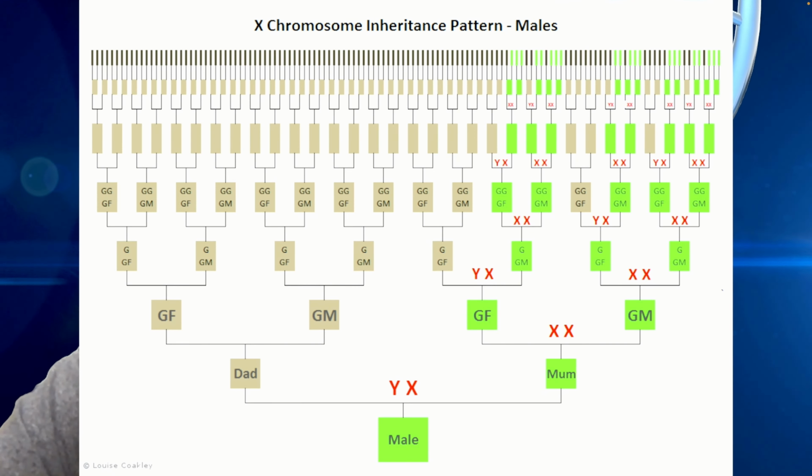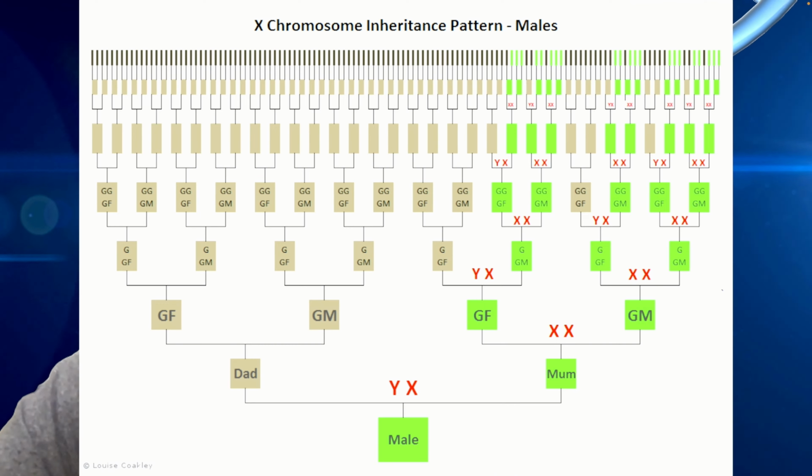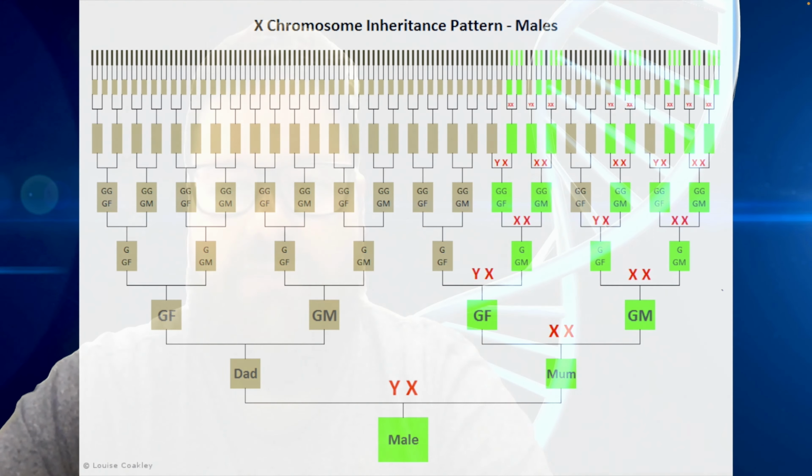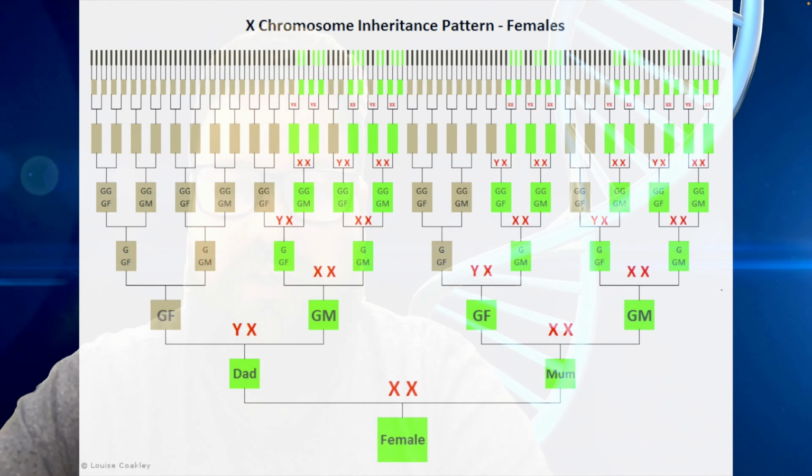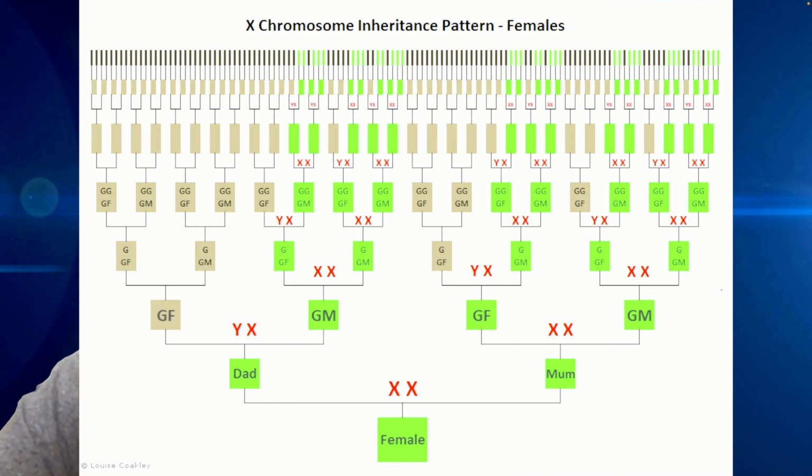A male will inherit one of 2 possible X chromosomes from his mother, either from his maternal grandmother or his maternal grandfather. A female will also inherit one X chromosome from her father, introducing an asymmetry in the number of possible ancestors.